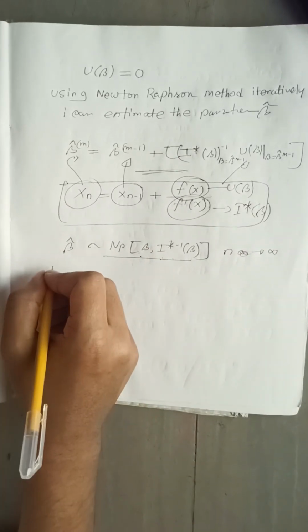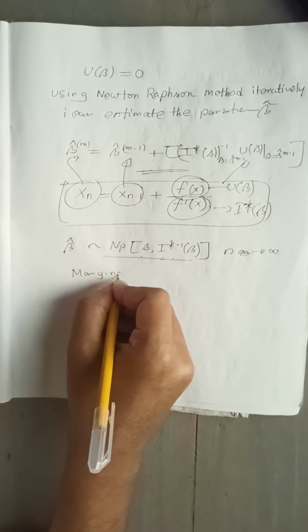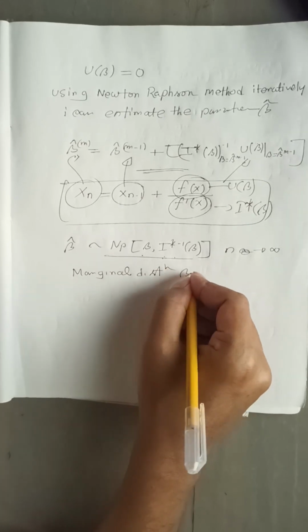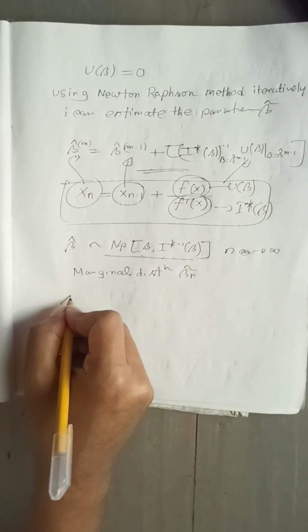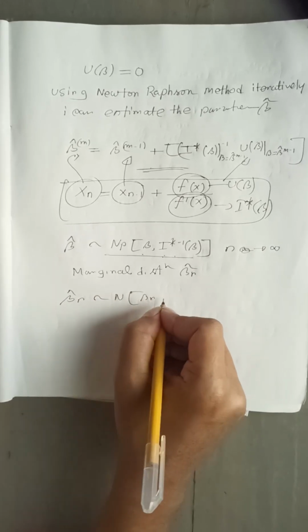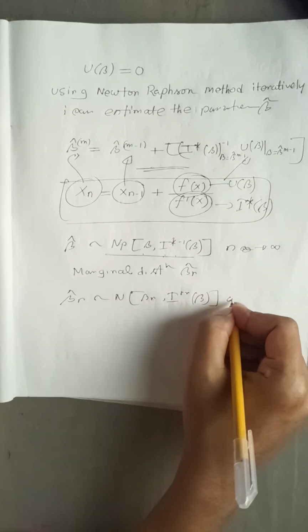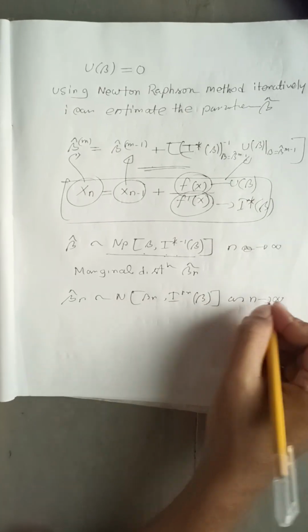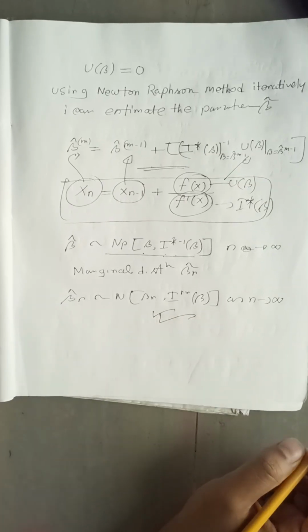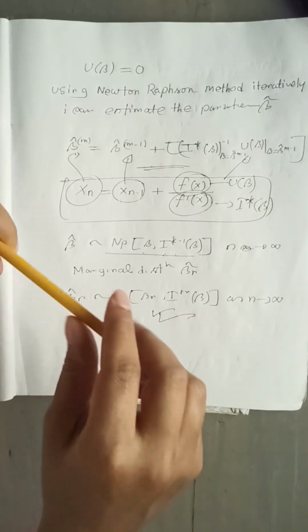You can also take the marginal distribution of beta r hat, like beta hat r belongs to normal with mean beta r and variance I rr of beta, as n tends to infinity. So that is the estimation process of a semi-parametric proportional hazards model. Thank you very much.